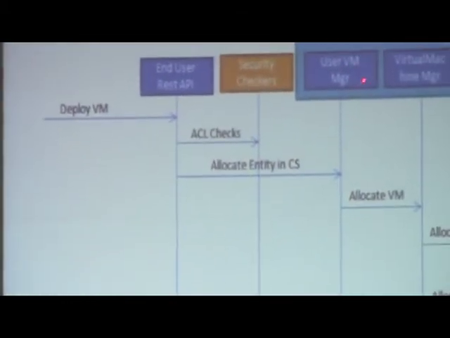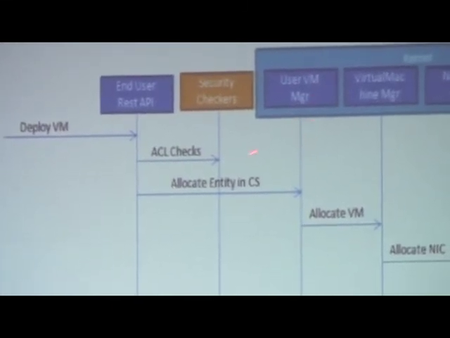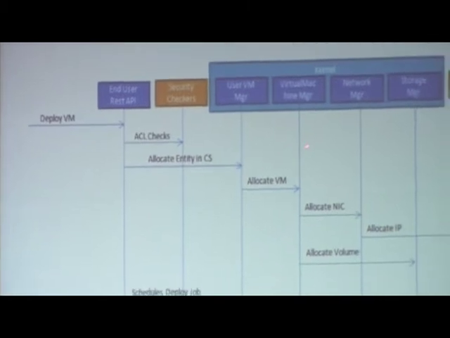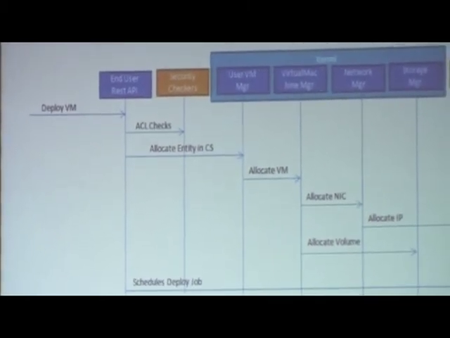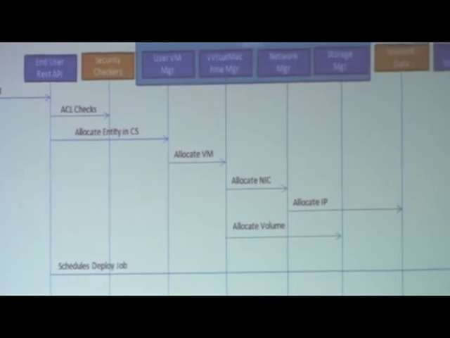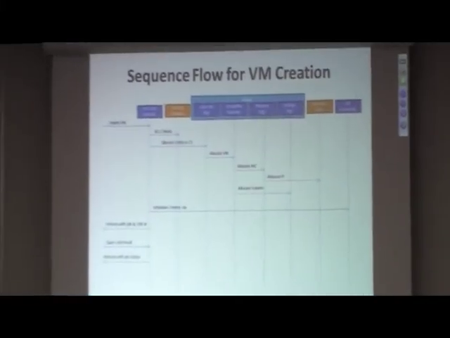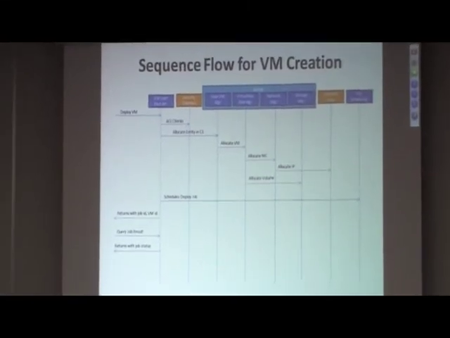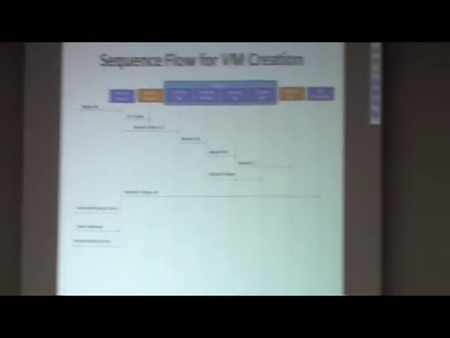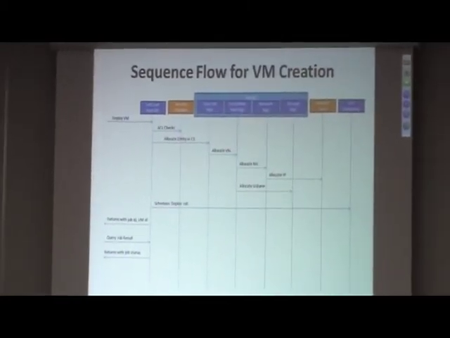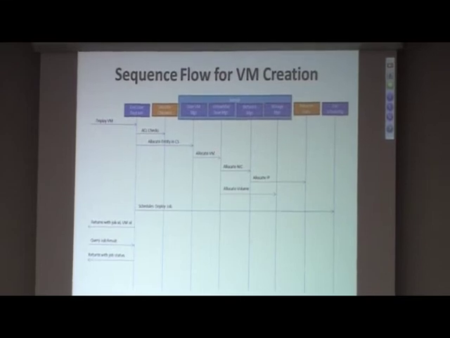The user VM manager, which is the VM orchestrator, will talk to our virtual machine manager, because we actually deploy multiple types of virtual machines. So the user VM manager is not the same thing as a virtual machine manager. And the user VM manager will call the virtual machine manager and say, I need to allocate a VM.